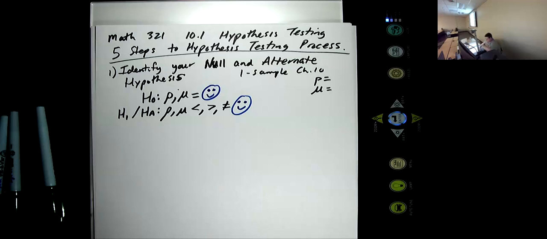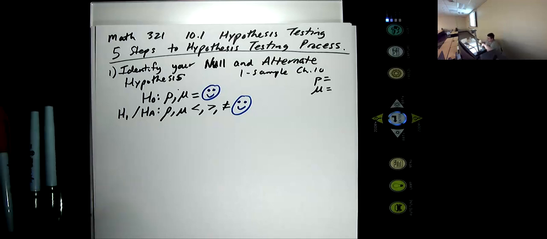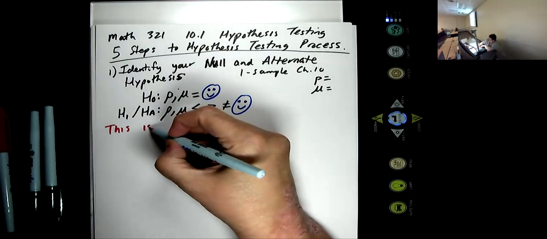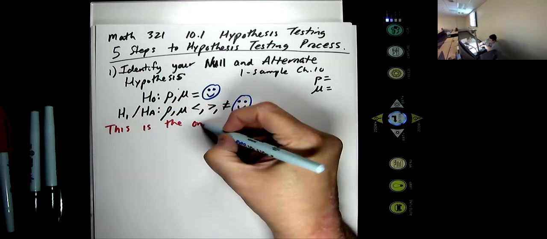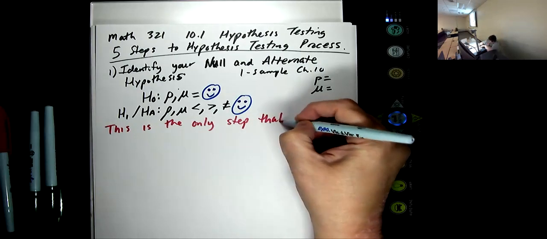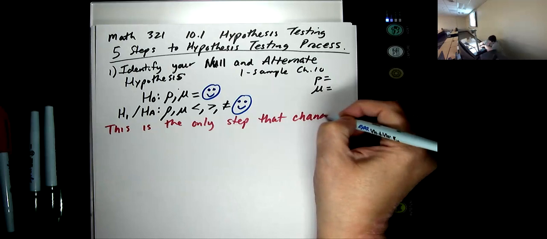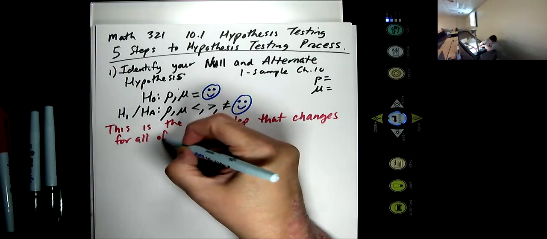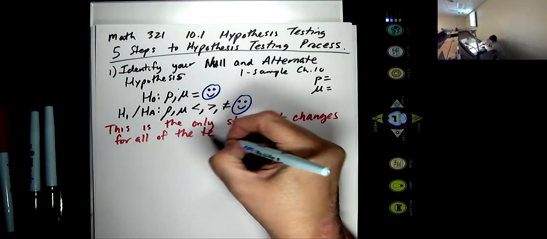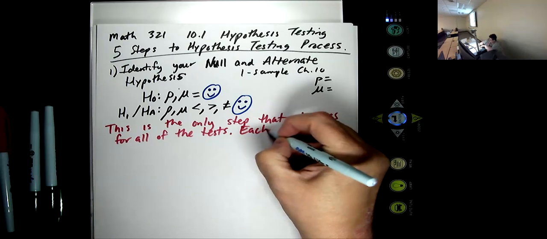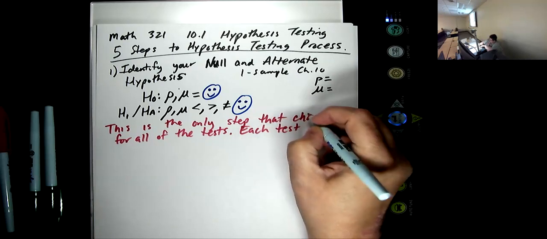And this step right here, this is the only step that really changes for all of the tests. Each test has their own H naught and HA.